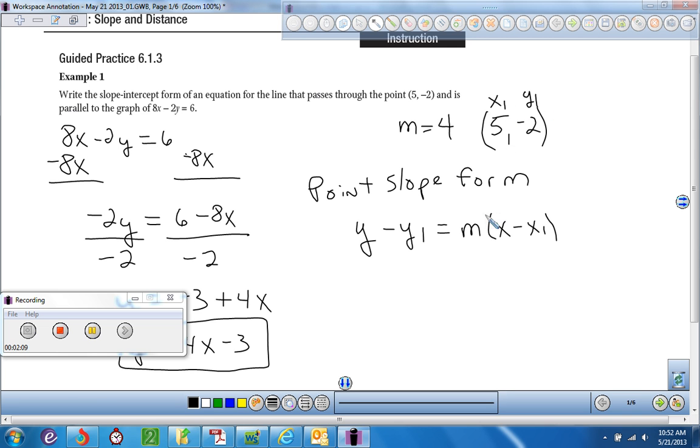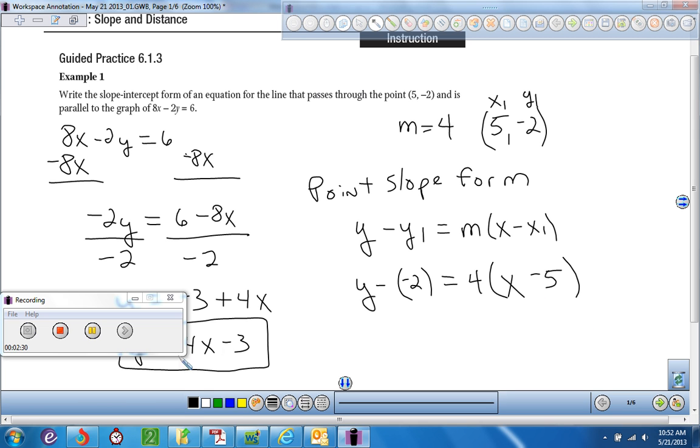Because the other ones can change. Remember, x always comes first and then y. So what we'll do is go y minus negative 2 is equal to our slope of 4 times x minus 5.